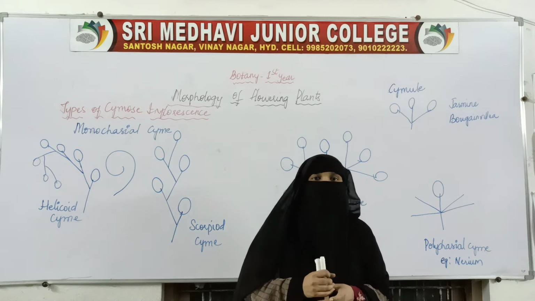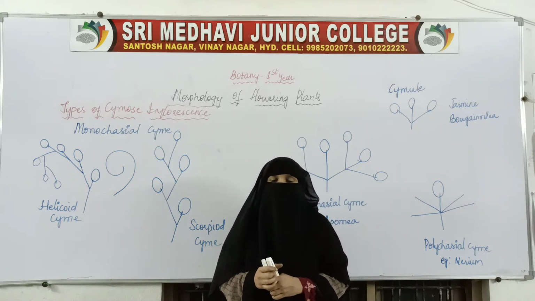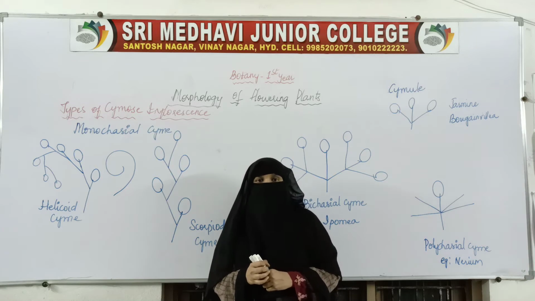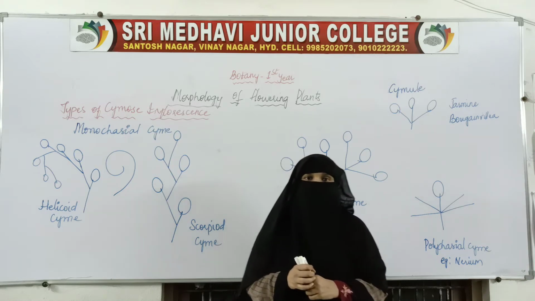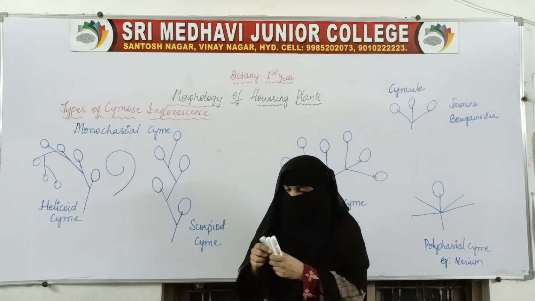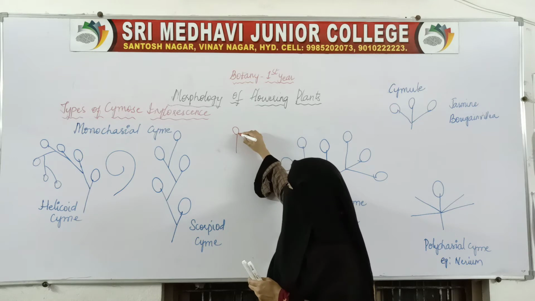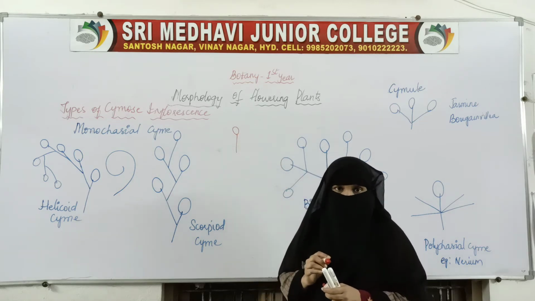All these are the different types of racemose inflorescence which we have already seen. Now in today's class we will see the different types of cymose inflorescence. In this type of inflorescence, the main axis will always terminate into a flower.